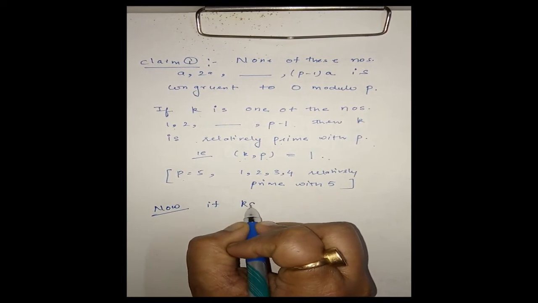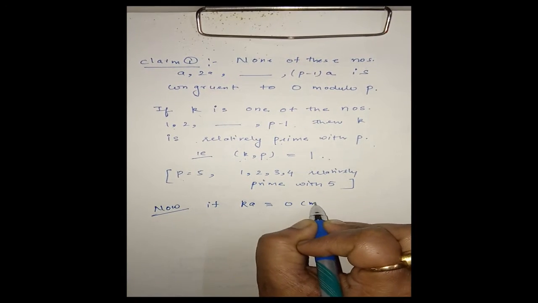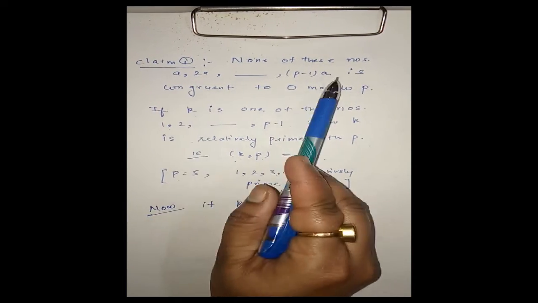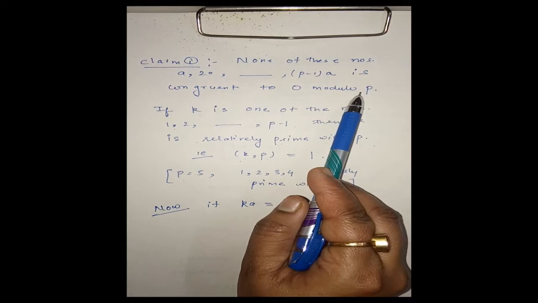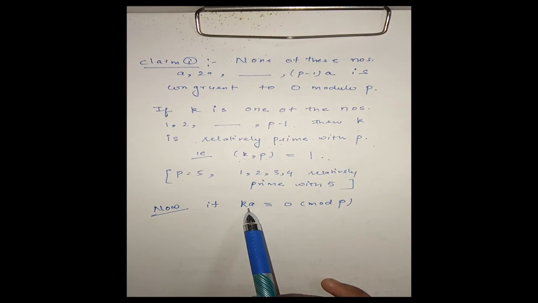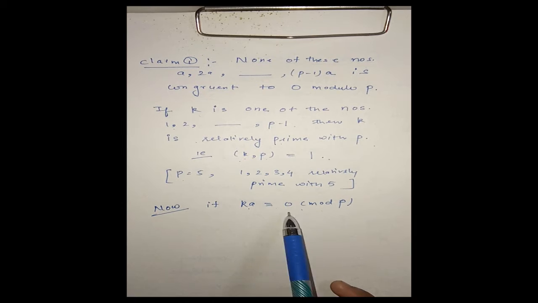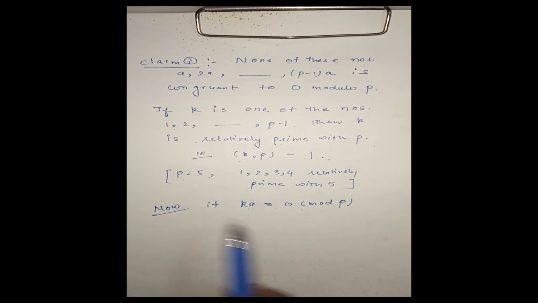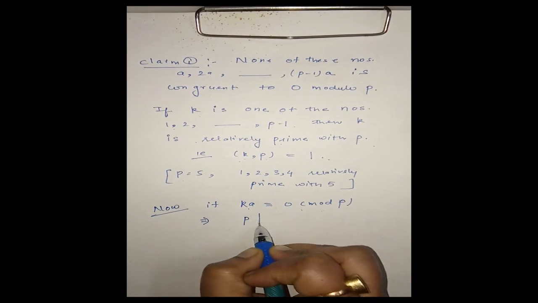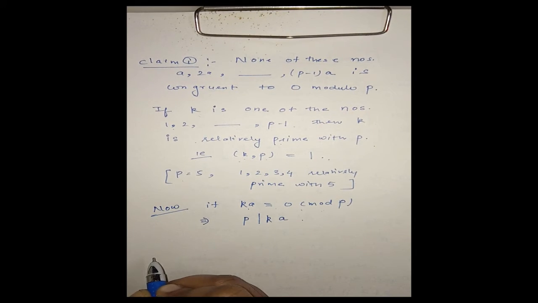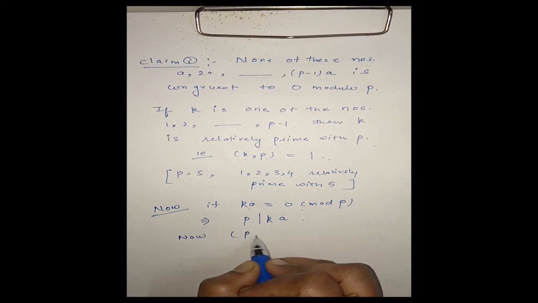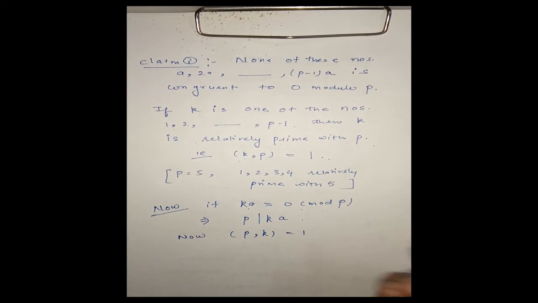Now, we want to prove that none of these numbers is congruent to 0 modulo P. Let us proceed by contradiction. If possible, let Ka be congruent to 0 modulo P. Then by the definition of congruences, this implies P divides Ka. Now the GCD of P and K is 1.